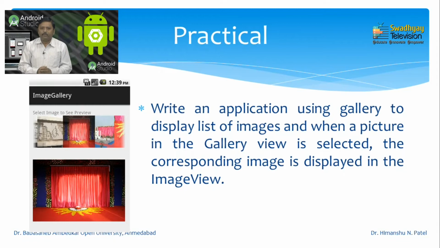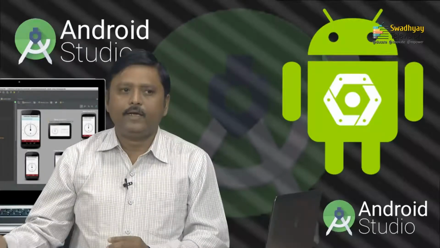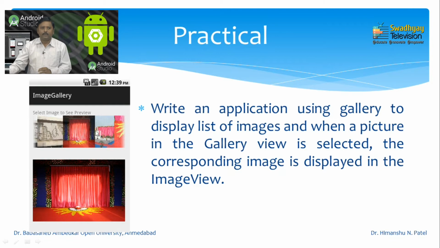Today we are going to write one application using gallery view to show a list of images inside gallery view, and when a picture in the gallery view is selected, the corresponding image is displayed in an image view below. Here on screen, if you follow the mouse pointer, this is our gallery view.